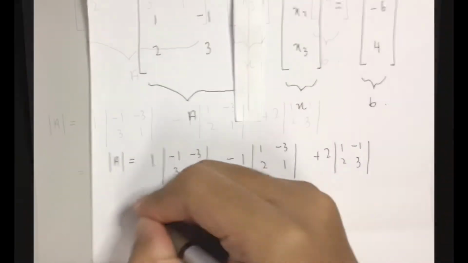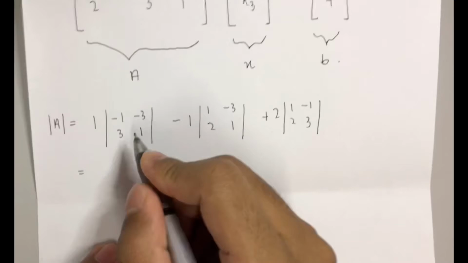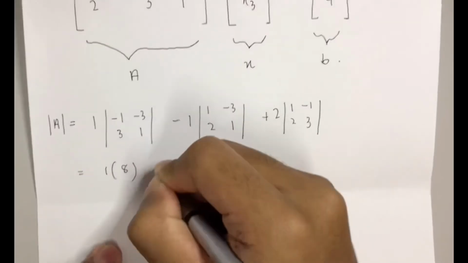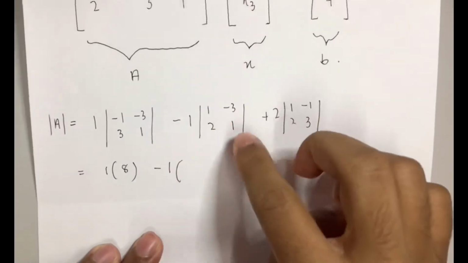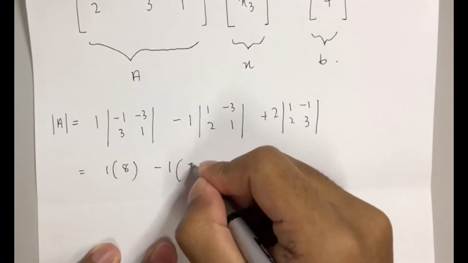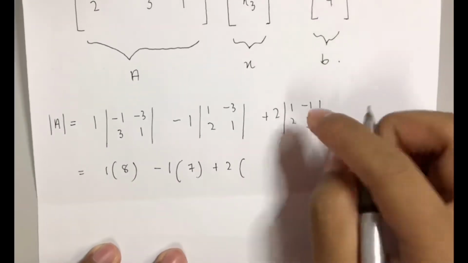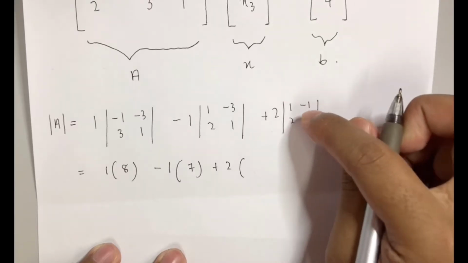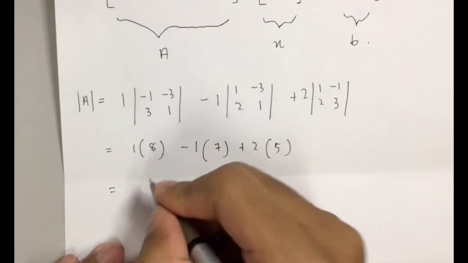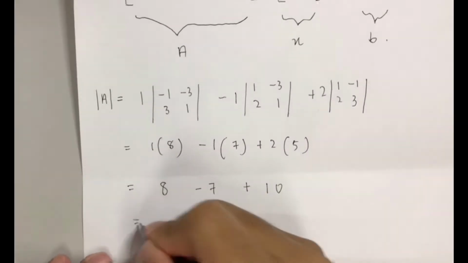Then you calculate negative 1 times 1 minus 3 times 3 equals 8, minus 1 times 1 minus negative 3 times 2 equals 7, plus 2, 3 times 1 minus negative 1 times 2 equals 5, and then 8, 7, 10. The answer is 11.